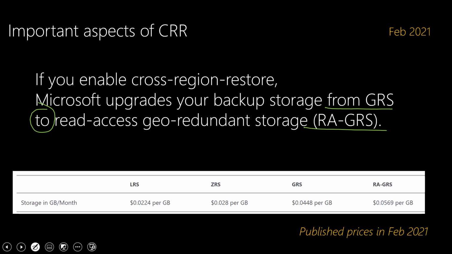We can see that originally, if you enable GRS on your backup vault, you are going to have this price. Again, these are the prices in February 2021, but you want to check your most updated prices. All right, when you enable CRR, your price is going to change to read access geo-redundant storage. So as you can see here in the table, there is a difference in the price. So be aware of that.